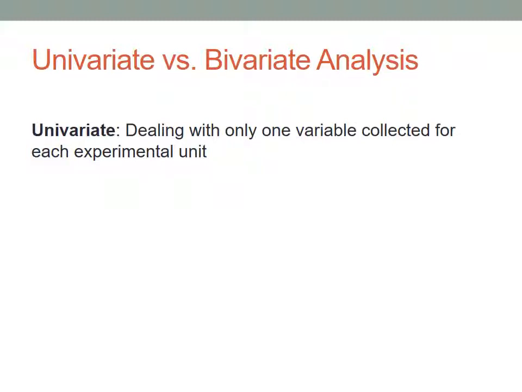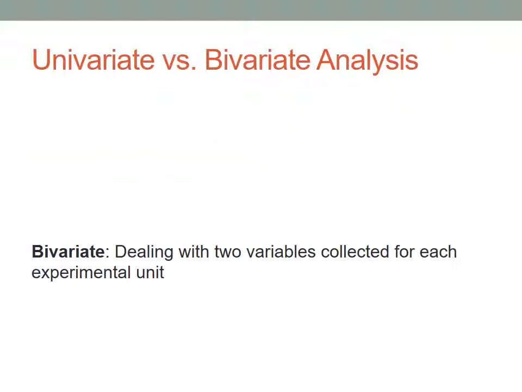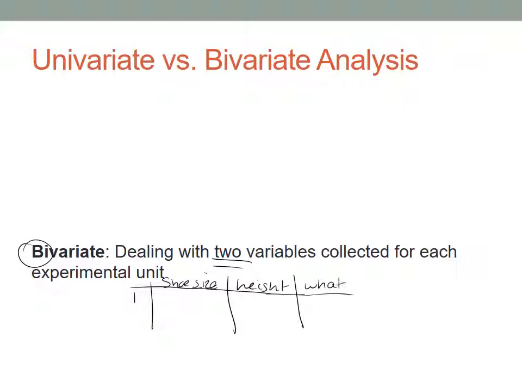I could also do the bivariate analysis, which deals with specifically two variables collected for each experimental unit. So for subject 1, I might gather information about their shoe size, but I might also gather information about their height. I might also gather information about what they like to read. Really, whatever I want.